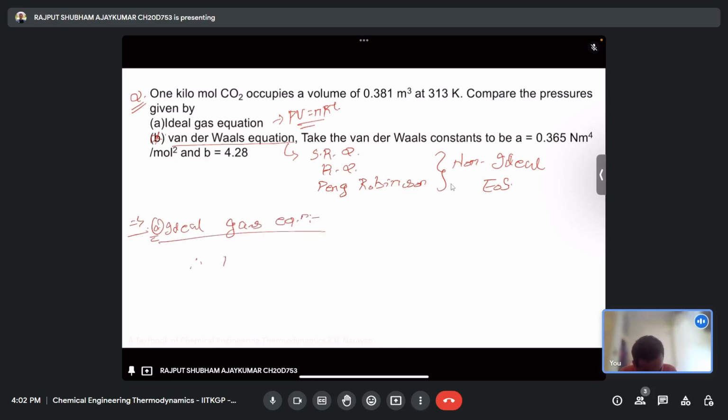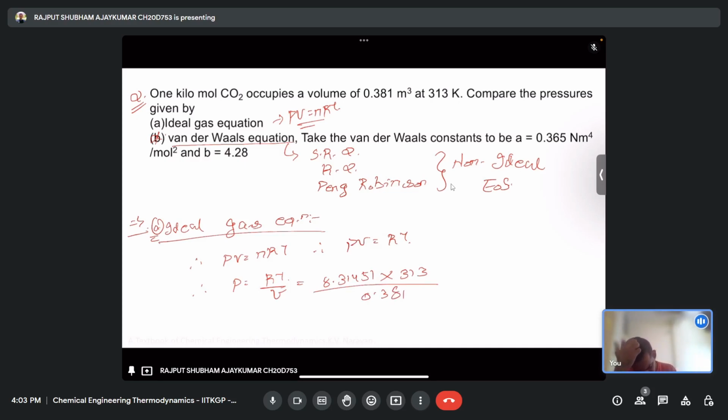PV equals nRT, and so P into V equals RT. So P is equal to RT by V, where V is the molar volume, and R is the universal gas constant, 8.31451. Temperature is given as 313, and the molar volume is 0.381, in meter cube.